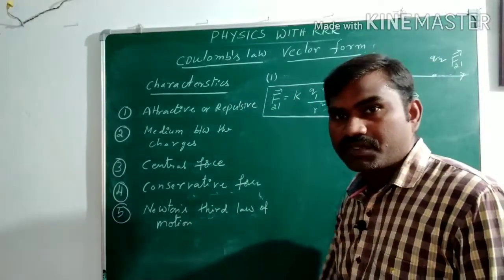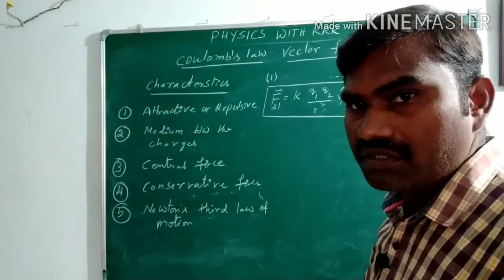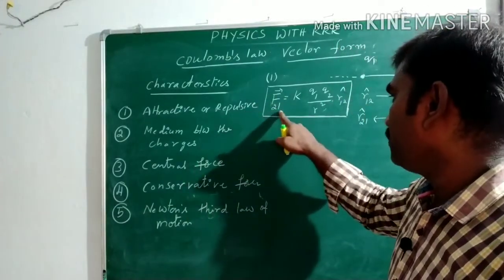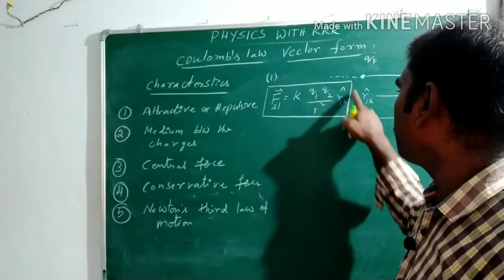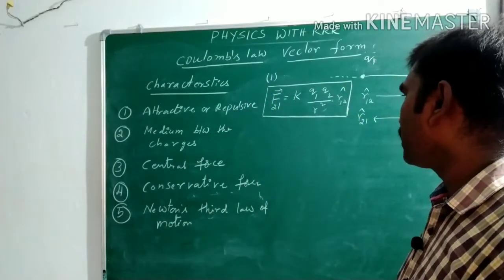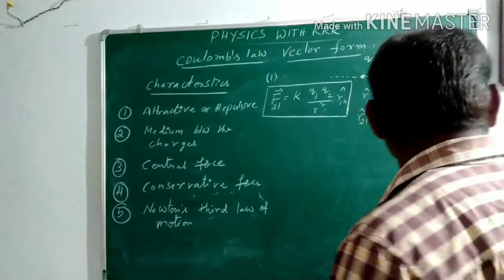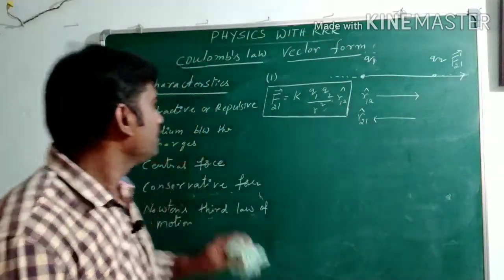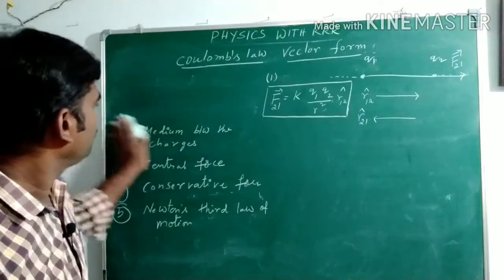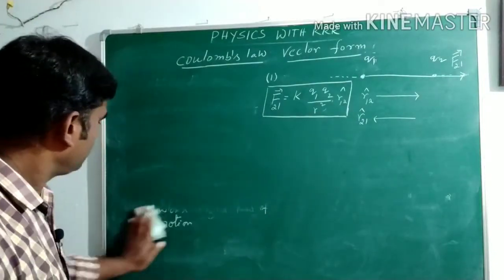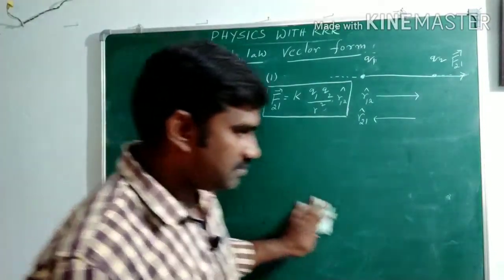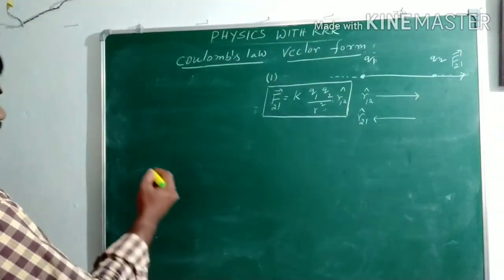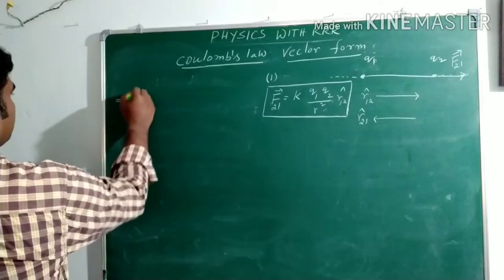So this is the representation of vector notation of force. F21 bar is directed along the direction of unit vector R12 cap. Now we can also express this like this.